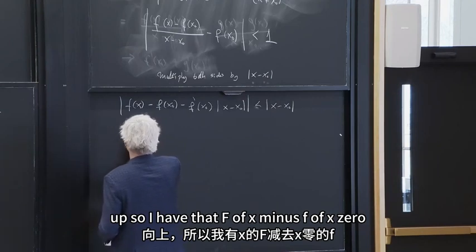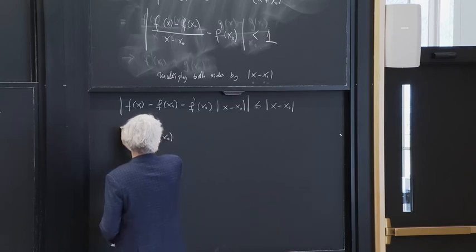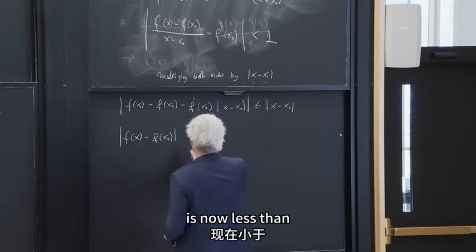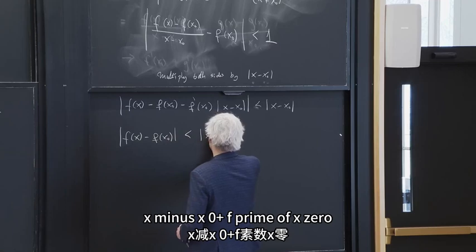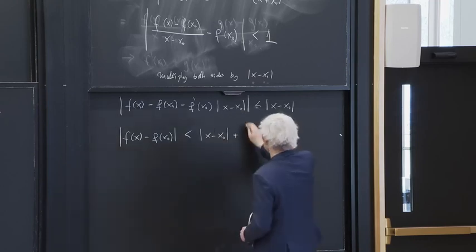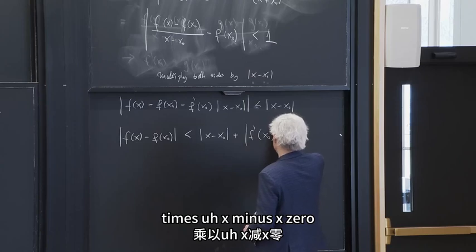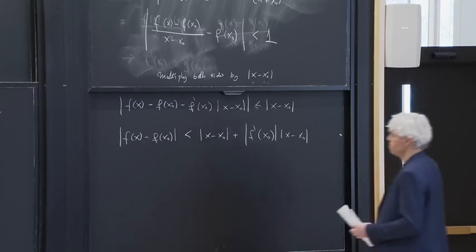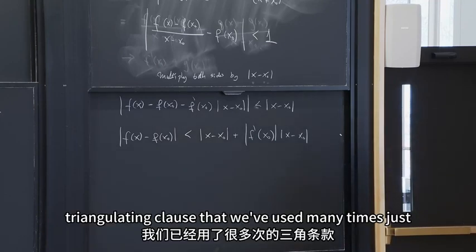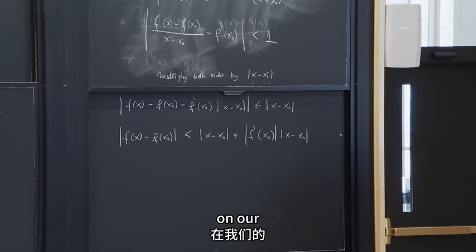I have that the absolute value of f of x minus f of x0 is less than the absolute value of x minus x0 plus the absolute value of f prime of x0 times the absolute value of x minus x0. And this is just the triangle inequality that we've used many times, just on R.